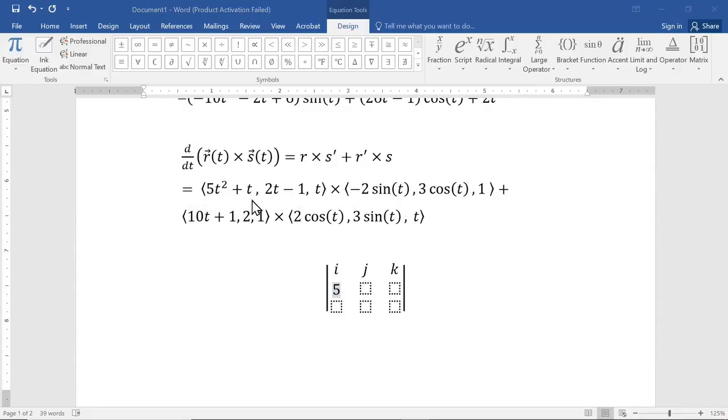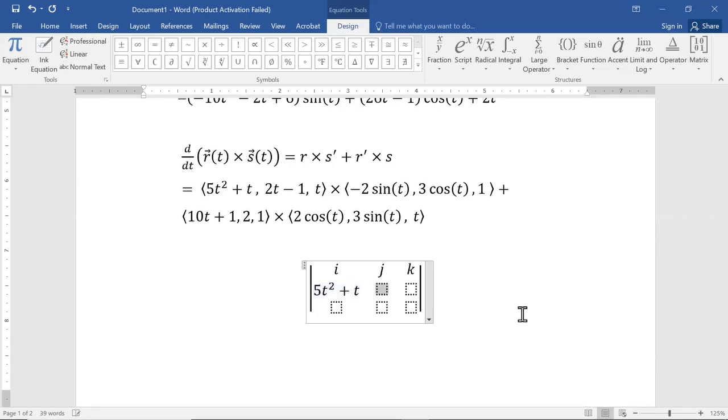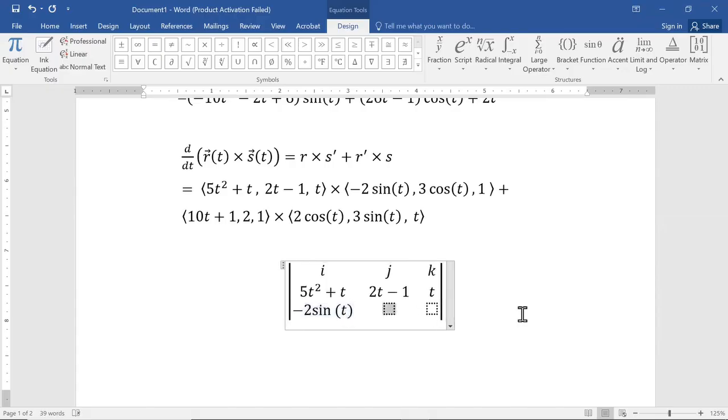So R cross product S prime would be 5t squared plus t, 2t minus 1, and then t, cross producted with negative 2 sine of t, 3 times cosine of t, and a 1.